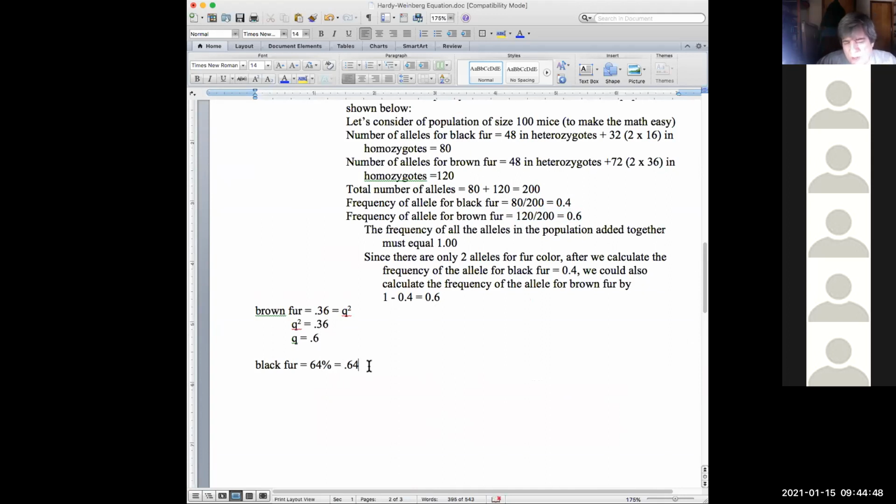So suppose you try to do the same thing and find the dominant allele. Okay, it's not good. I'm seeing a spinning beach ball, so I don't know if Microsoft Word is going to crash on me.